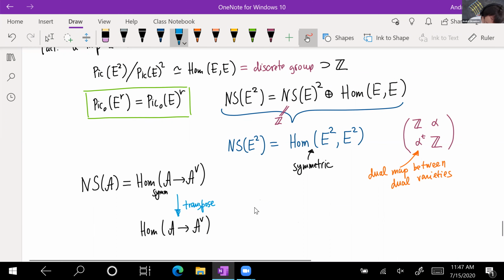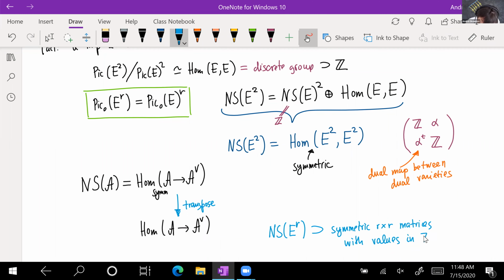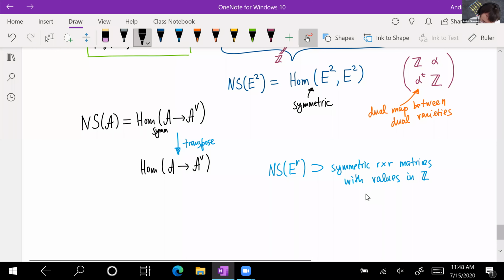The Néron-Severi group of r copies of S always contains symmetric r by r matrices with values in Z. So these are the same as integral quadratic forms.